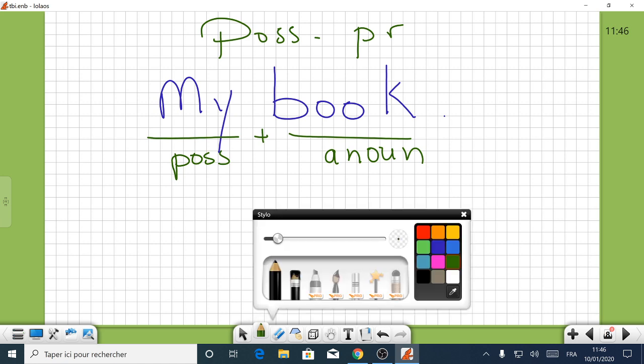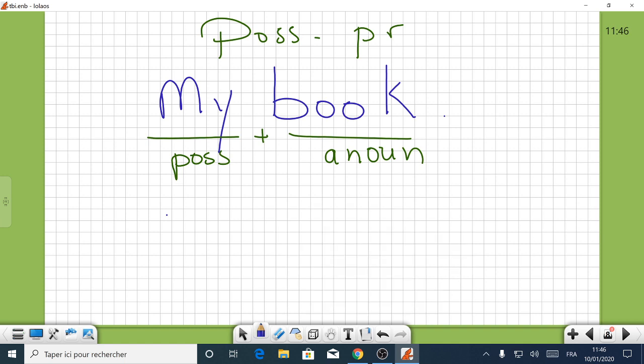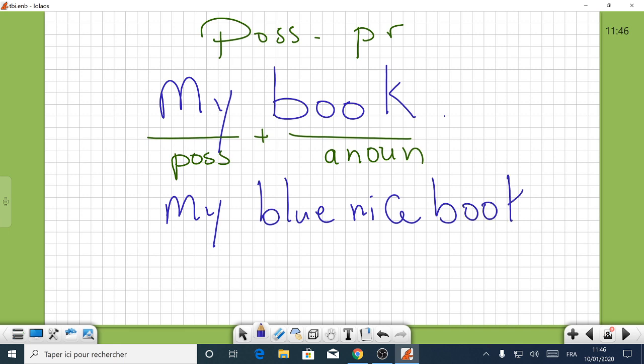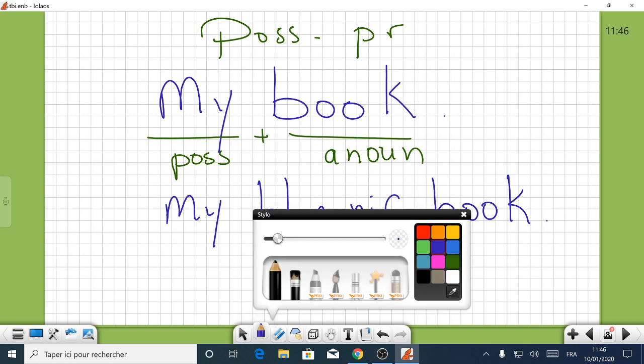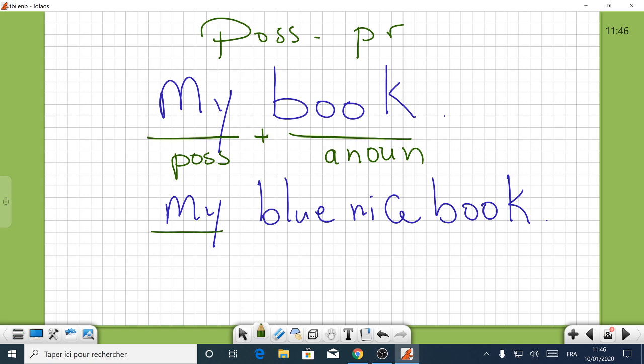Or let's take another example. We say, for example, my blue nice book. Here, as you can see, we don't have just the noun, but we have something else. We have my, and we have blue, and nice, and book.